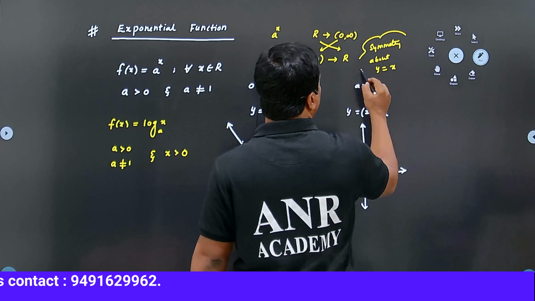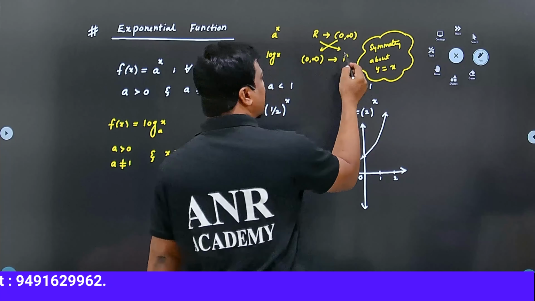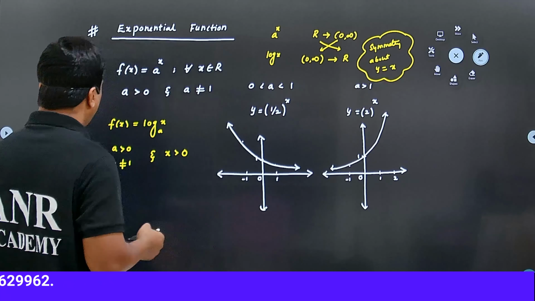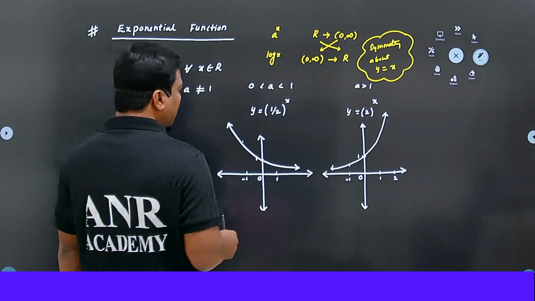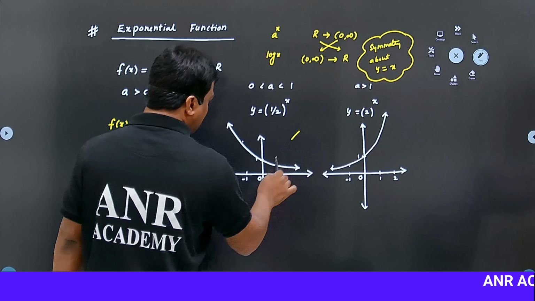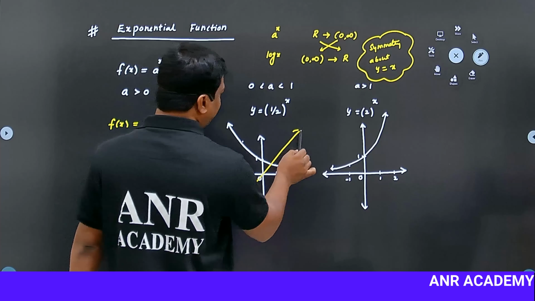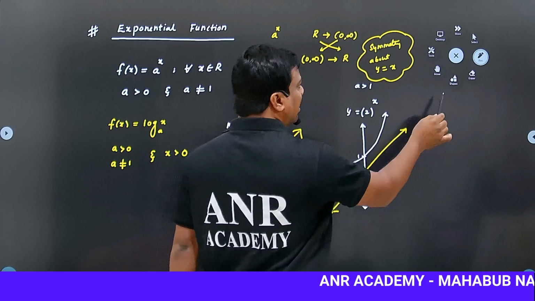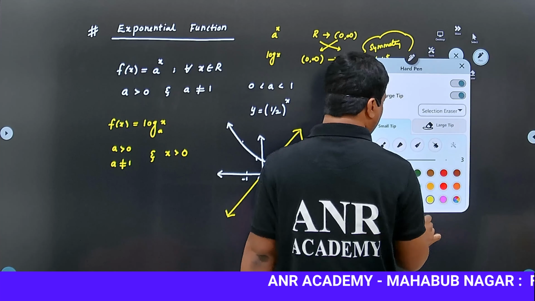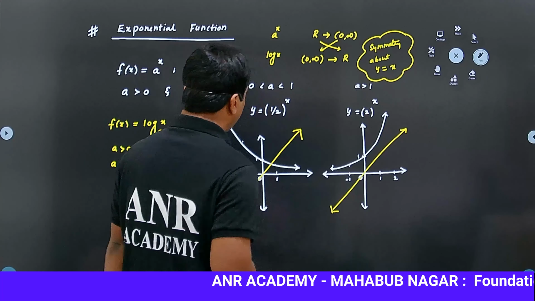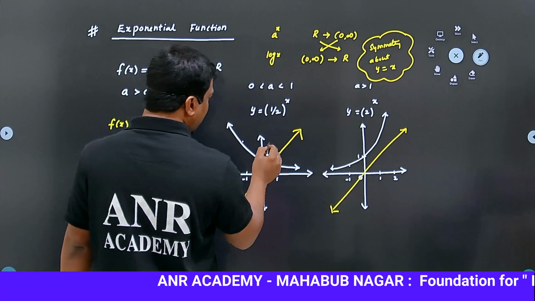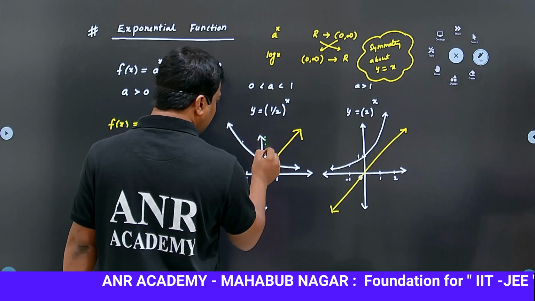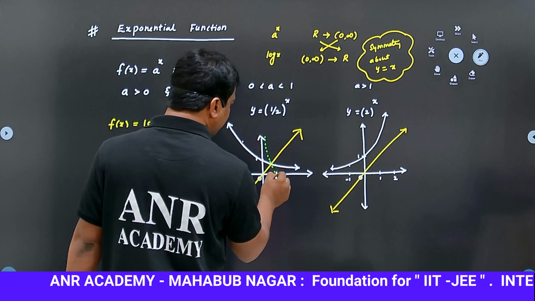Because y changes to x, x changes to y. And now this is the graph of y equal to x. And now I am going to draw the graph of logarithm. This one is the graph of log x.